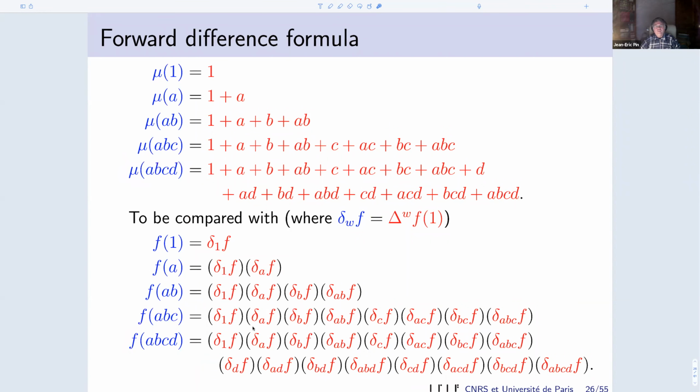You can see some strong similarity between the two formulas, especially if you look at the indices here: 1, A, B, AB, etc. So there is a strong relationship between mu and this formula giving f in terms of the delta W of f.